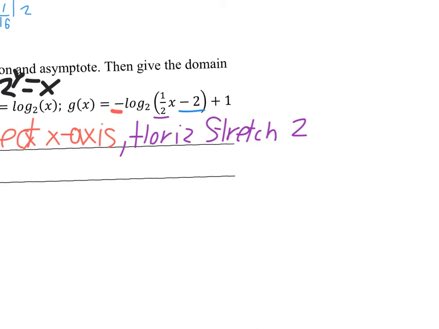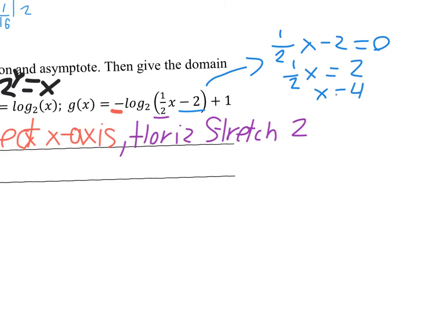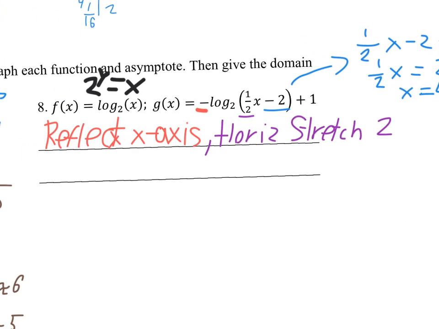So we're going to take that parentheses there, we're going to set it equal to 0. 1/2 x minus 2 equals 0. 1/2 x equals 2. X equals 4. That -2, because of the 1/2 on that x, is actually a right 4 units.